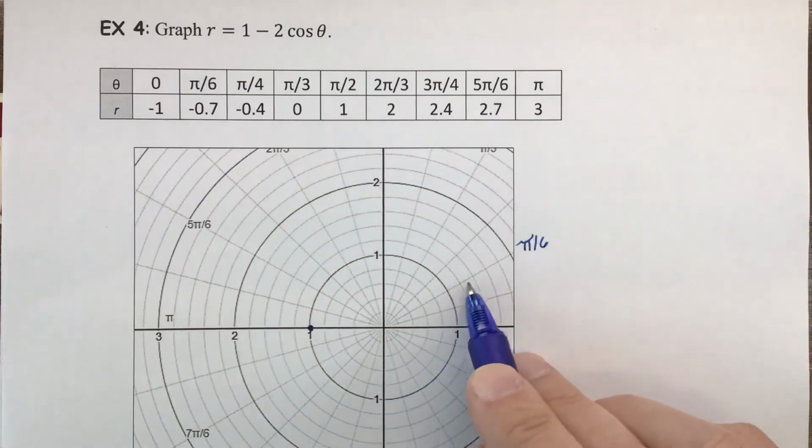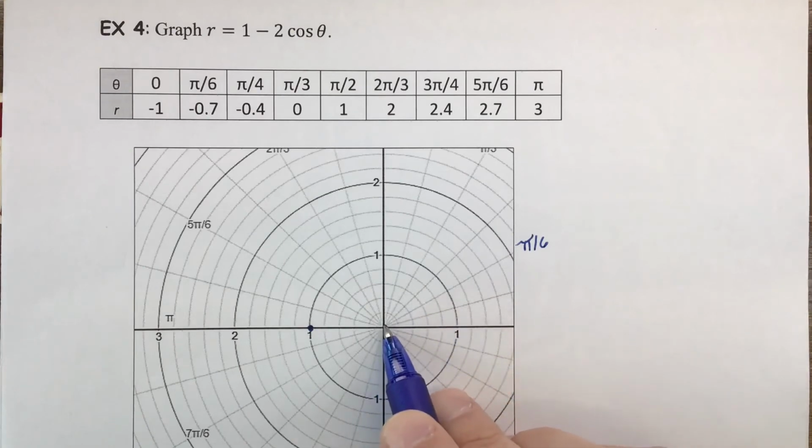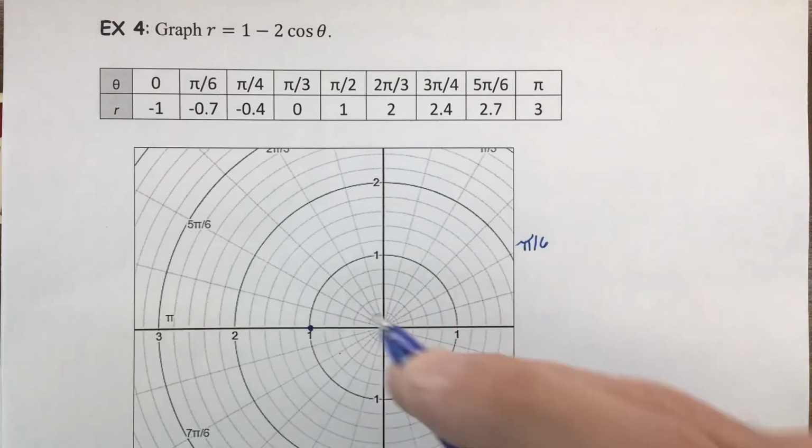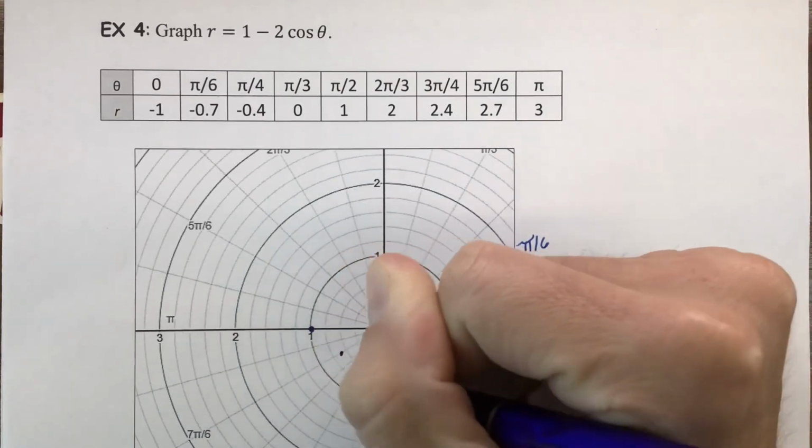If I'm at that line, I really need to follow it through. It's -0.7, and these are going by 2/10 at a time, so 2, 4, 6, this would be 8, so 0.7 is going to be right there. That actually isn't too bad to plot.